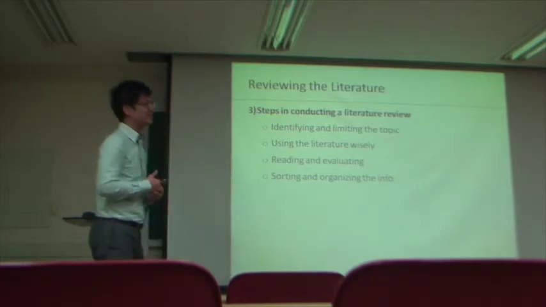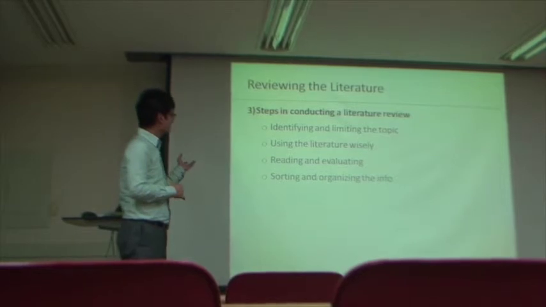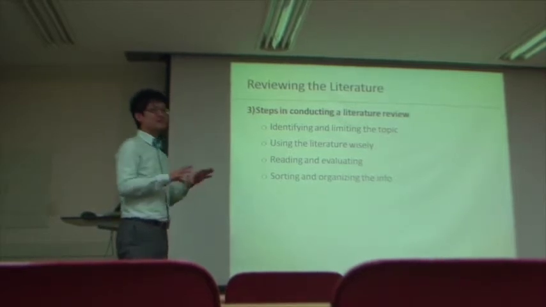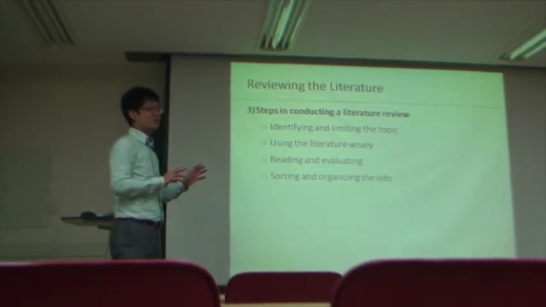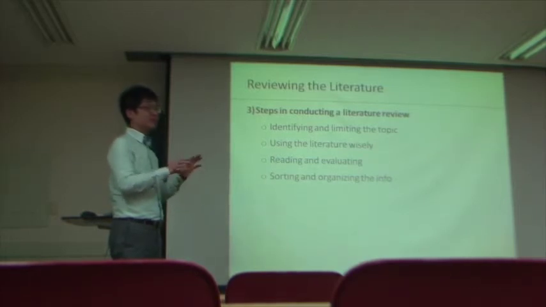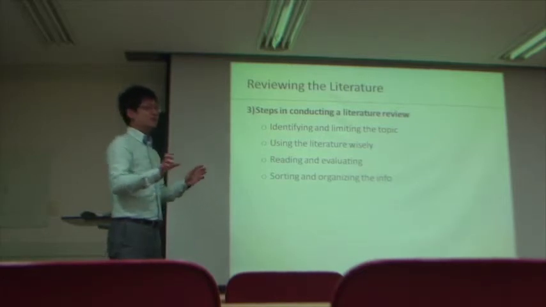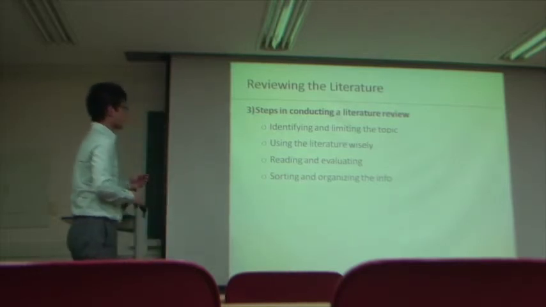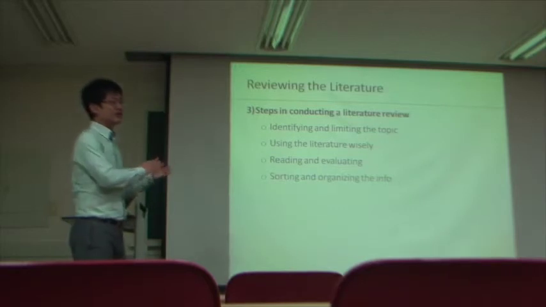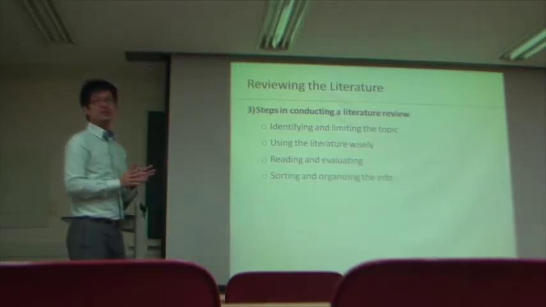After you have got some literature, it's good to sort the information into different categories, like different problematic areas, so that you can get a general idea about which things really deserve some exploration and investigation, and that would really help you to identify your research or your design topic.